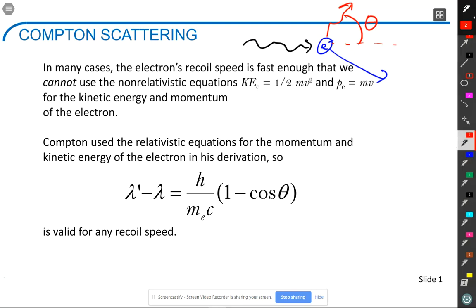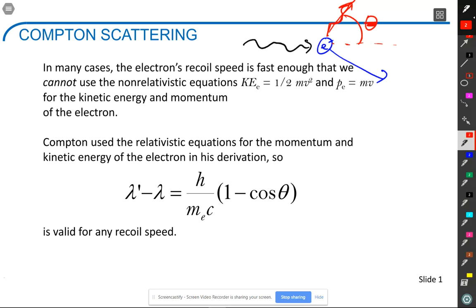So the angle is how much it deviates from going straight. It's really hard to tell that's a theta because of the blue line underneath it there. And this here is supposed to be a wiggly line for light. We use wiggly lines for light. And so the key is, light is behaving as a particle here.